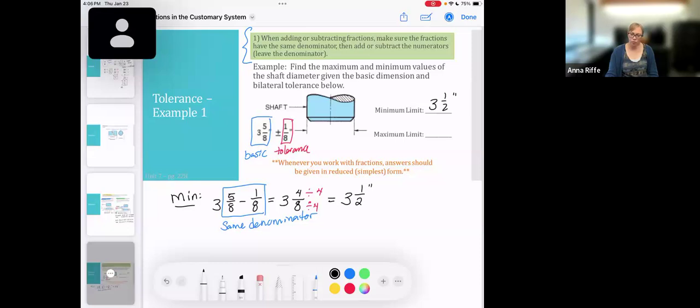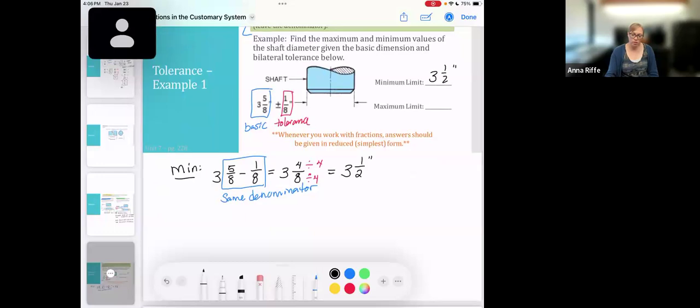Okay. We can do something very similar to find the maximum limit. I'm going to take that 3 5/8 inch, and I'm going to add the tolerance instead of subtract the tolerance. We can note again, these two fractions have the same denominator, or a common denominator. So the whole part comes along for the ride. I add the numerators, 5 plus 1 is 6.